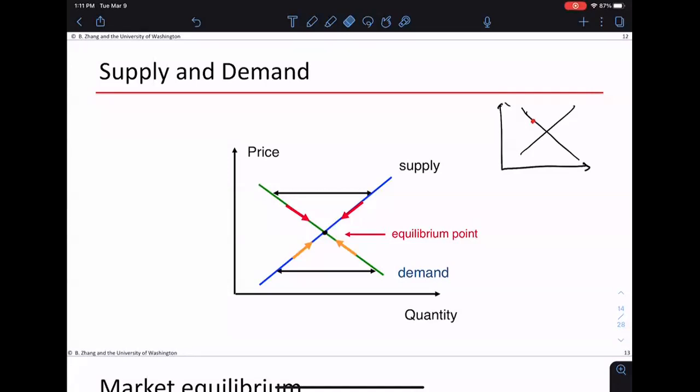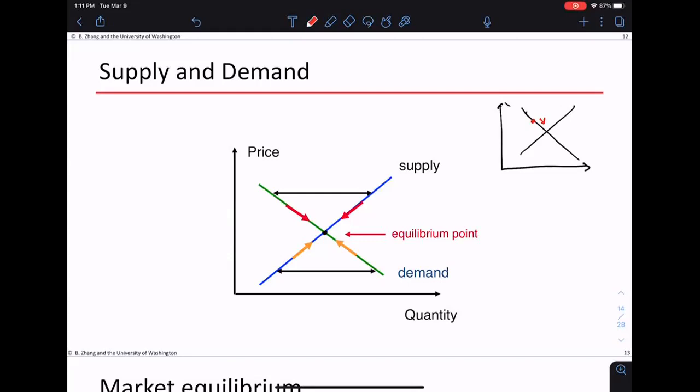Okay, so if you look at this dot, at this operating point, would you have an incentive to move this way? Would you want to move this way? Why would you want to move this way as a demand? The reason you might want to move this way is you look at the supply curve.